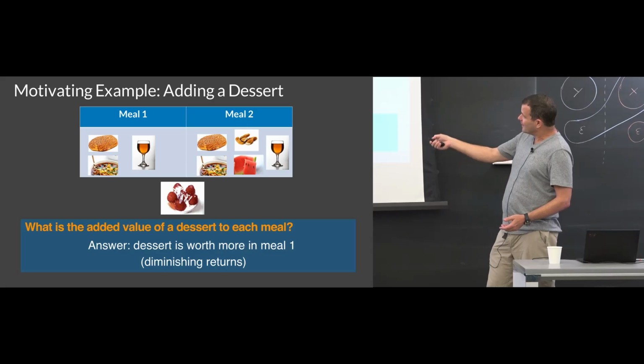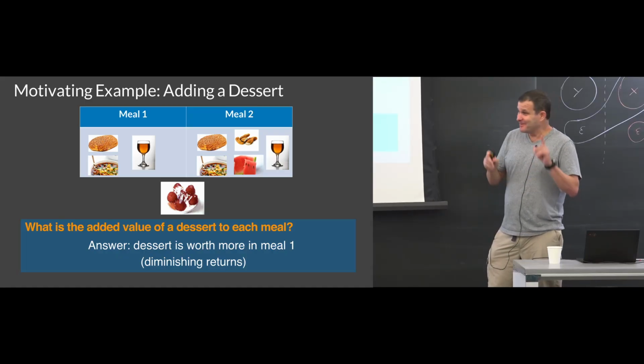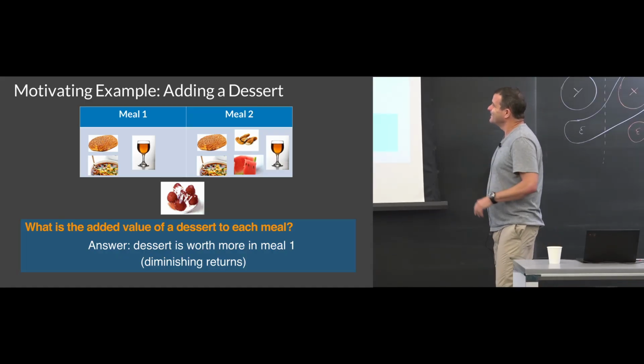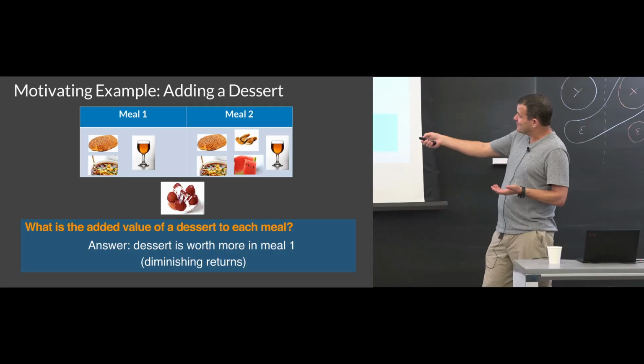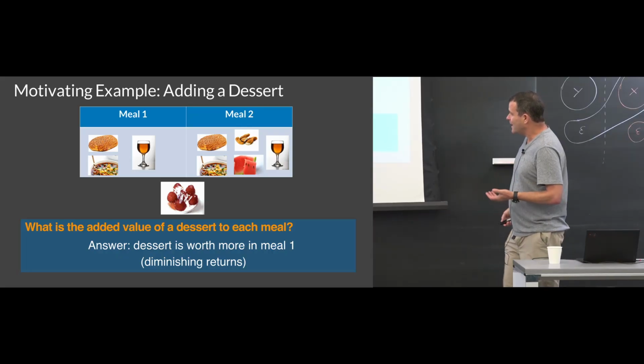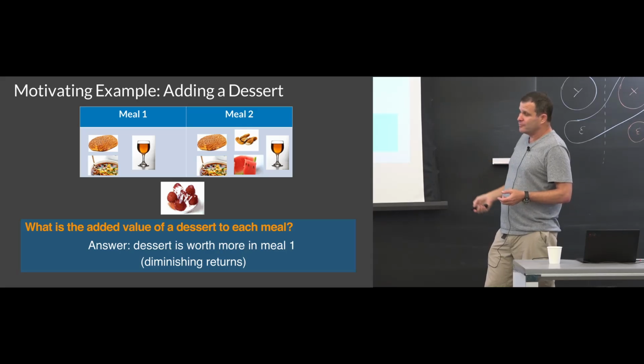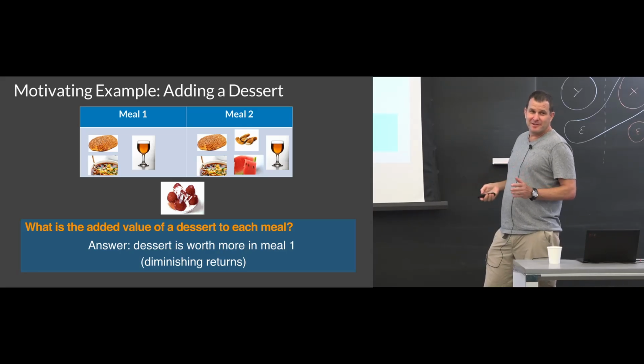What is the added value of a dessert to each of these meals, and where does it add more? The right answer is that for the smaller meal the added value is more, because in the larger meal, for example, you already have a dessert. So the dessert is worth more to meal one, which is smaller, than to meal two. And this is called diminishing return.